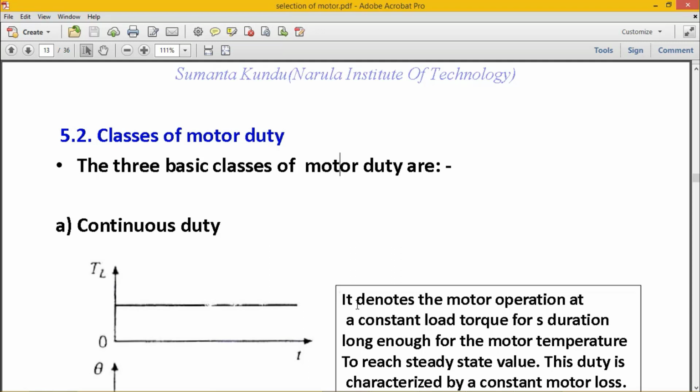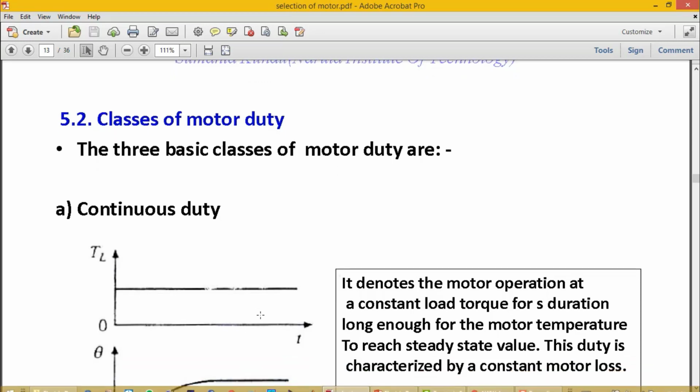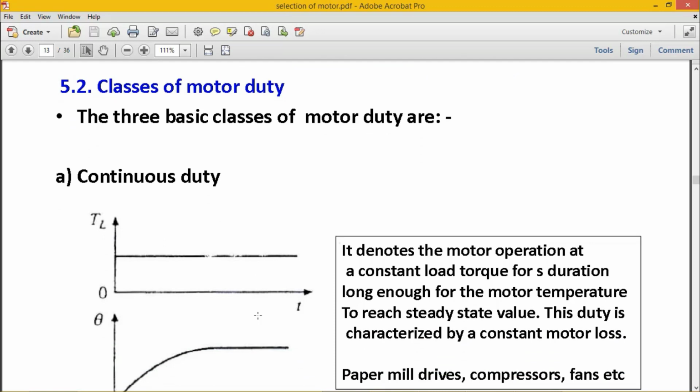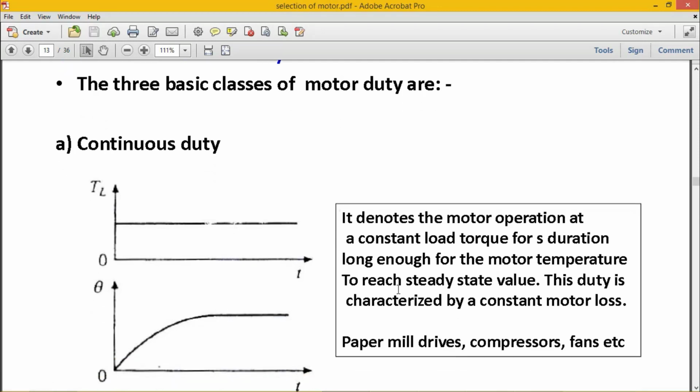Continuous duty, short time duty, and intermittent duty are the 3 duties known as the basic duties. In continuous duty, the motor operates at constant load for a long time, and this time is enough for the motor to reach steady state condition. Examples are paper mills, compressors, fans, etc.